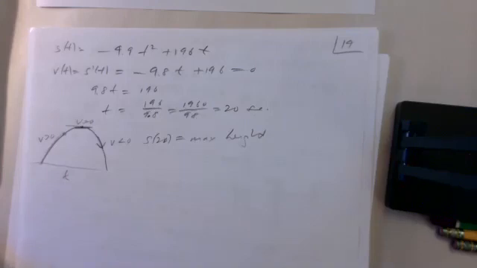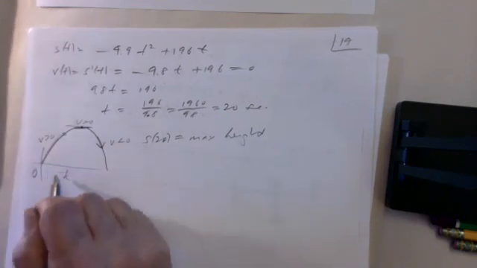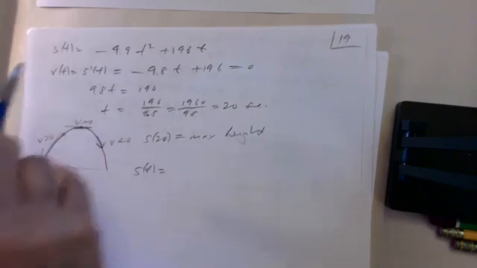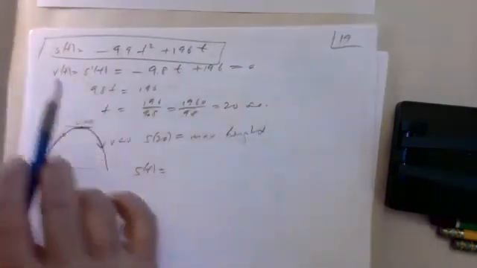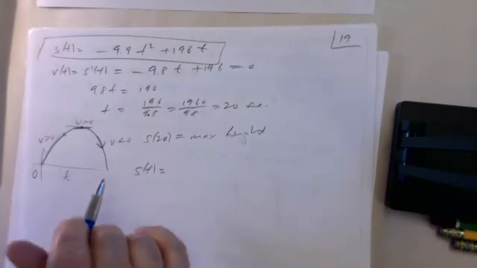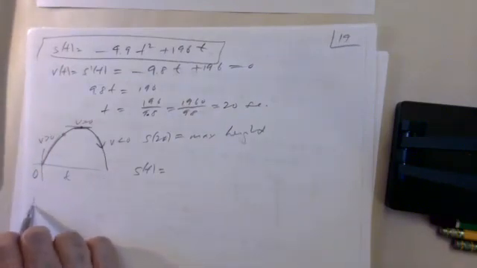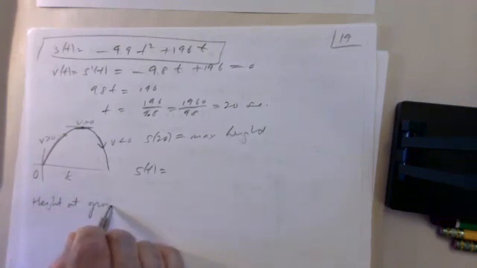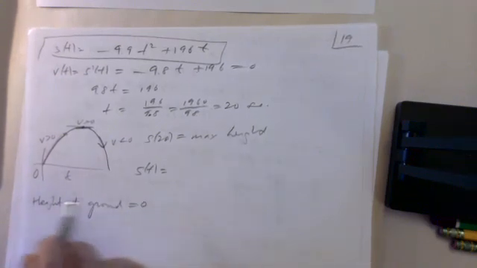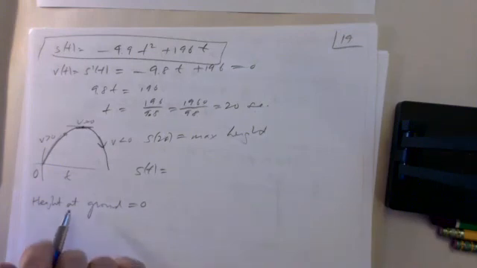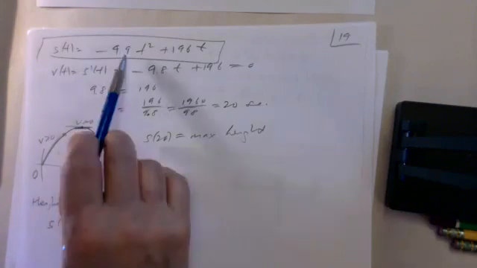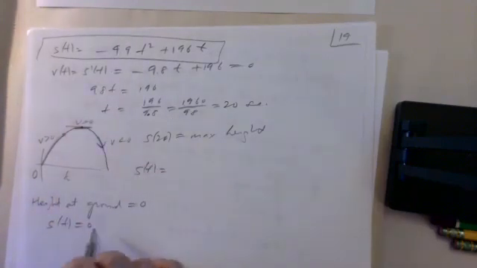Okay. So again, all you have to do really is look at this picture. The height at time t is given by this formula, right? What's the height when it hits the ground? 0. Height at ground is 0. So the particle is at ground level when the height is 0. So you just solve this equation, s of t equals 0.